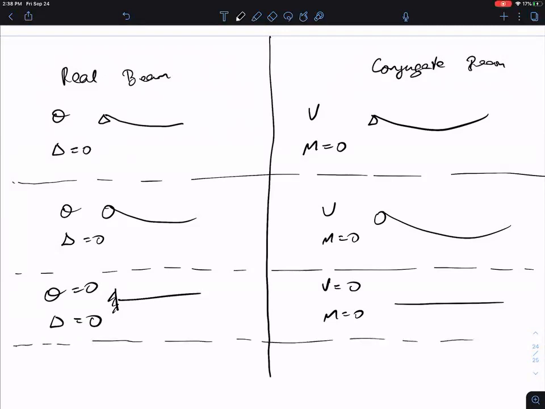And then lastly, if we consider a free end in your real beam, that means that there's a non-zero rotation and a non-zero transverse displacement. So that means that you have to have a non-zero shear and a non-zero moment, which corresponds to a fixed support.